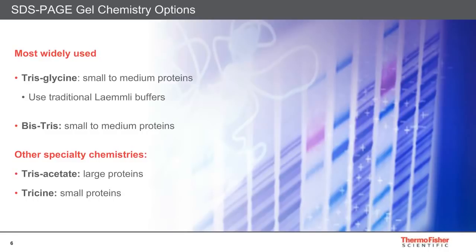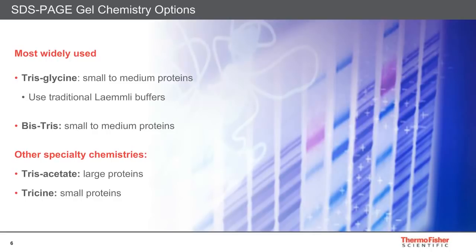Okay, so in the next few slides, we will review the different gel chemistries that are available in precast gels and the specific advantages and disadvantages. The two most widely used gel chemistries are Tris-Glycine, which uses traditional Laemmli buffers, and the Bis-Tris chemistry.